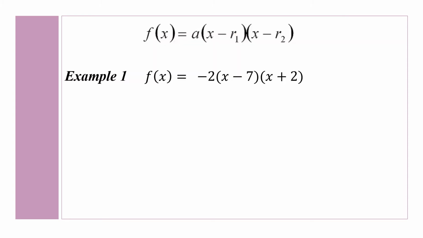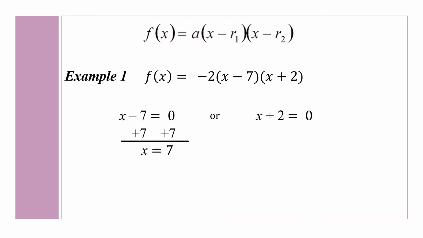Another example, f of x equals negative 2 times the quantity of x minus 7 times the quantity of x plus 2. We're going to use the zero factor property and set both quantities equal to 0. So set x minus 7 equal to 0 or x plus 2 equal to 0. Now we're ready to solve for x. So with the first equation, add 7 to both sides.